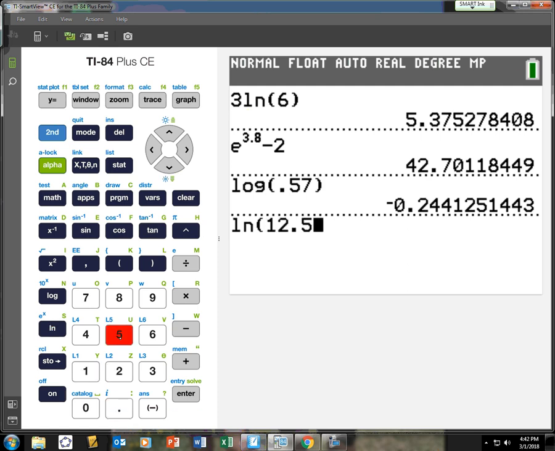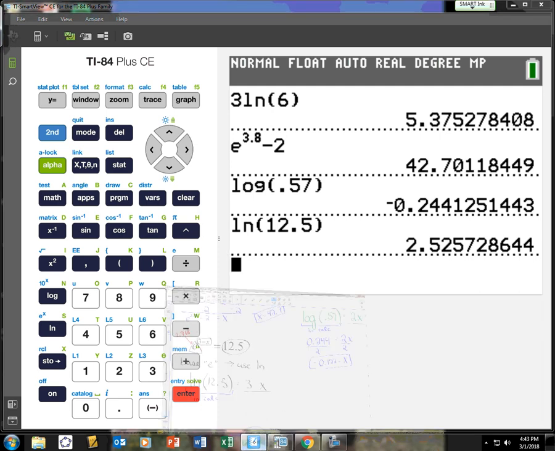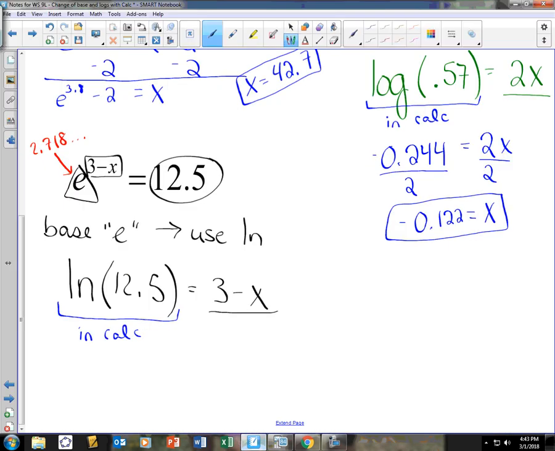Natural log of 12.5 is 2.52, how about 2.53? So 2.53 is equal to 3 minus x. And let's see, subtract my 3 over.